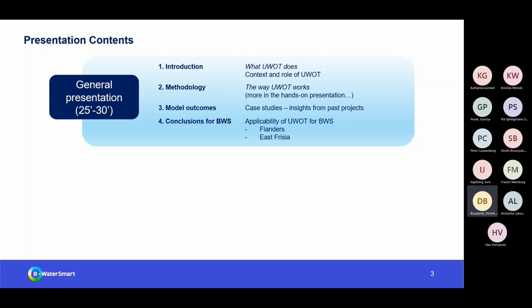Then a brief mention on the methodology, which is the way UWOT works, but we will reveal more details in the next demonstration, the video with the hands-on demonstration by Stavroula. Thirdly, there is a mention on the experience and knowledge we generated from using UWOT in past projects. And lastly, we close with the conclusions and the applicability of UWOT for the smart water systems of B-WaterSmart.